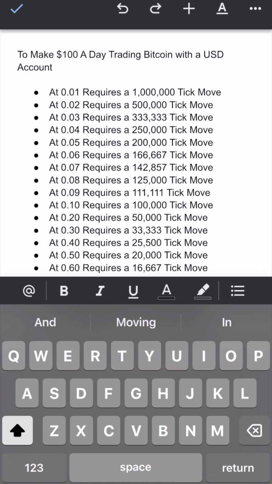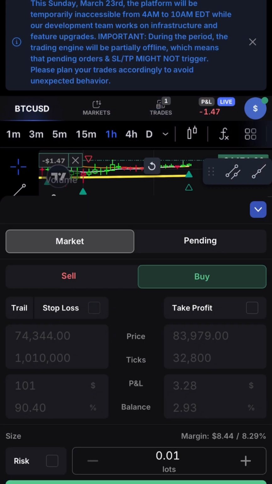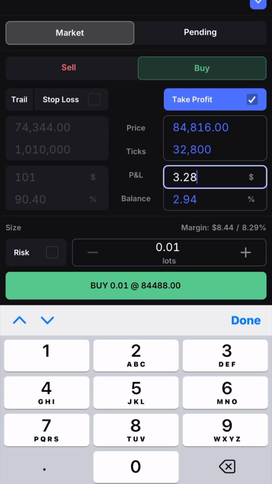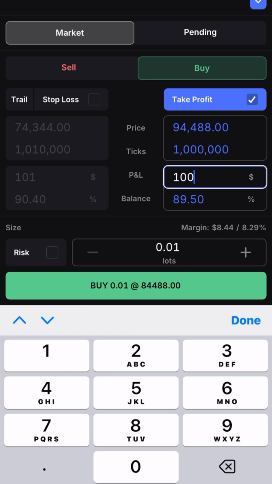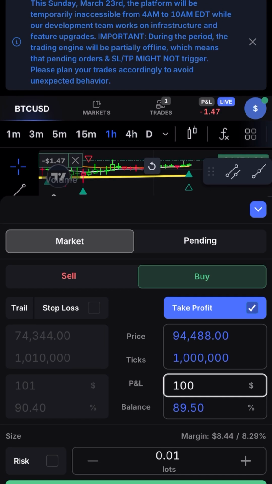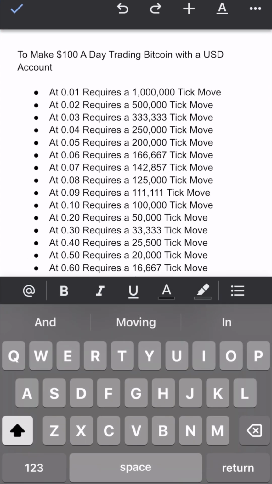To show you how I got these numbers, I went in here to my take profit and said my profit needs to be $100. Then I increased my lot size, and it showed me the amount of ticks that you need to accomplish to get to that goal. I did that yesterday to get these numbers.